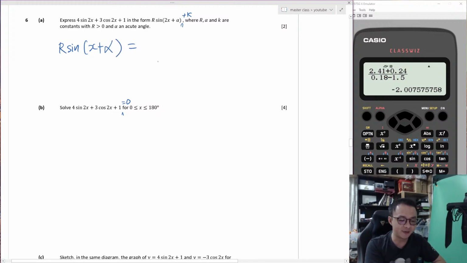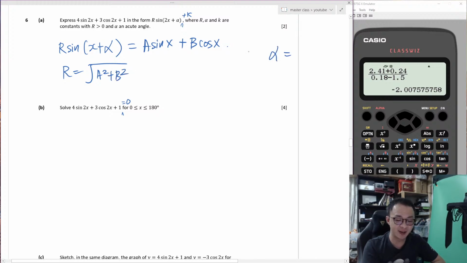Normally the formula is a sin x plus b cos x, if not mistaken. So the R is basically the square root of a squared plus b squared. And then tan alpha is basically b over a, if I don't remember wrong.